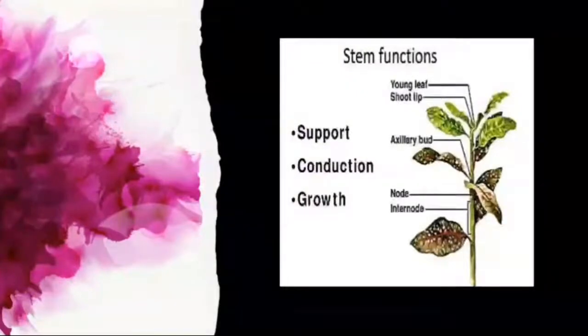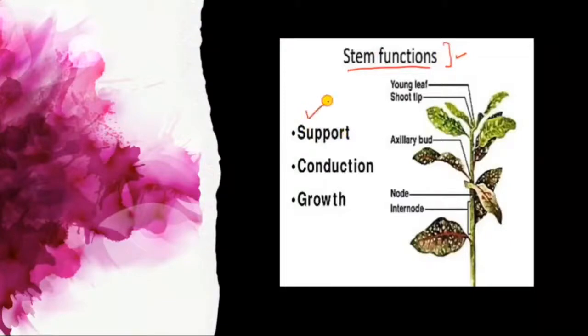Let's begin with the next topic, the stem function. What are the different functions performed by the stem? Basically, the stem provides support to the plant. It helps in conduction. Conduction means transport of water and minerals in the upward direction.